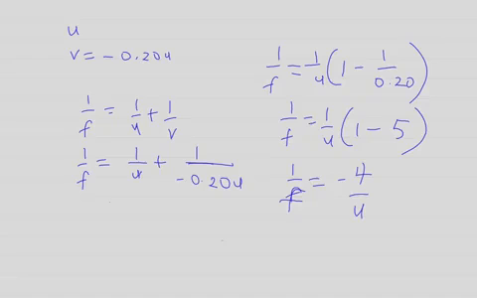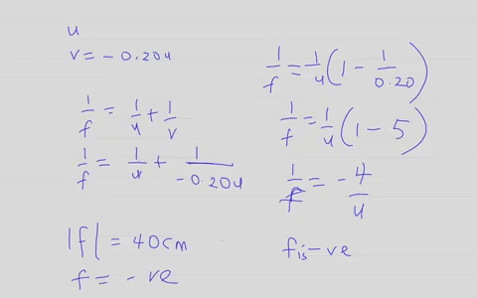And then since u is always positive, that means definitely f must have a negative sign. So f is negative, and therefore the absolute value that gives us 40 centimeters means that f is minus 40 centimeters.